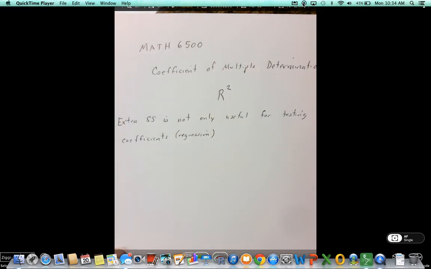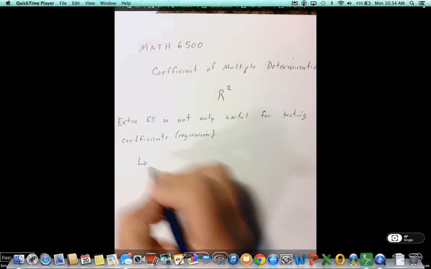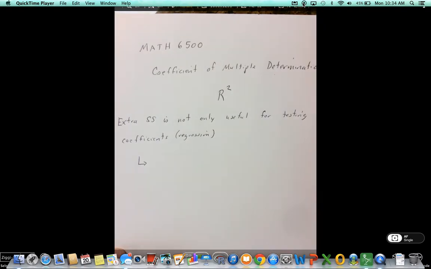So it's not only useful for testing whether an additional coefficient should be added to the model or whether one should be dropped. It also has ramifications and some useful properties for examining the coefficient of multiple determination R squared.